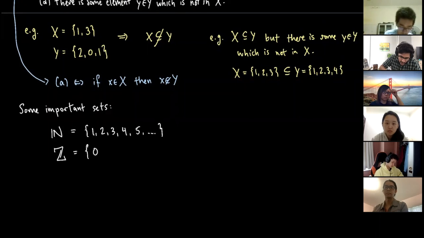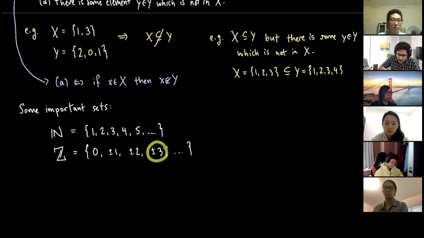So let's write 0 and then plus or minus 1, plus or minus 2, plus or minus 3. See how I have to list the elements, but once the pattern is apparent, I just put dot, dot, dot. That's really the only way you can describe infinite sets, by using dot, dot, dot eventually. There's the real numbers, and this is hard to describe aside from just saying it's the set of real numbers.